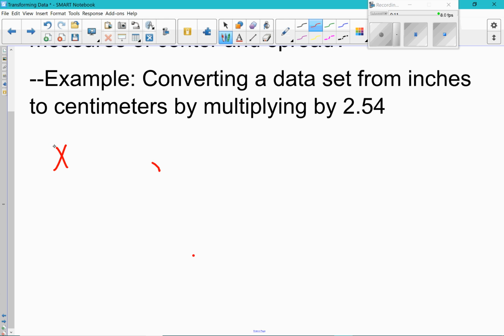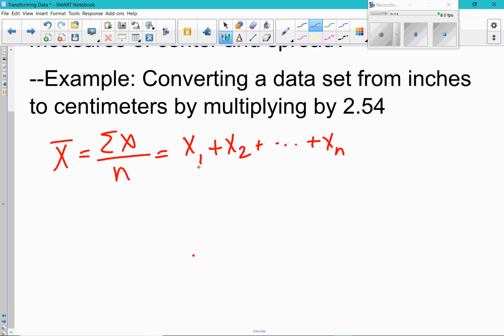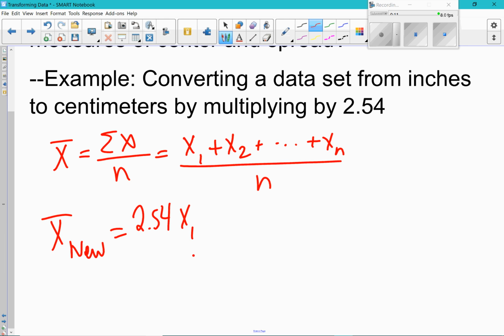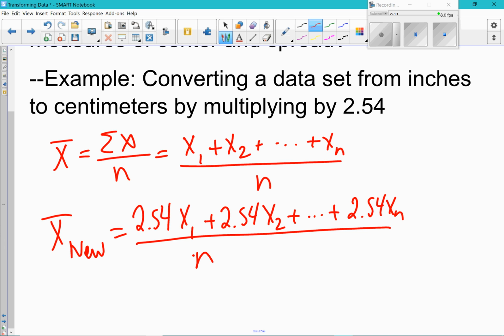So if my old mean is the sum of x's all divided by n, which is x1 plus x2 plus dot, dot, dot, xn all divided by n, the new mean would be 2.54 x1 plus 2.54 x2 plus dot, dot, dot, plus 2.54 x sub n, all divided by n.